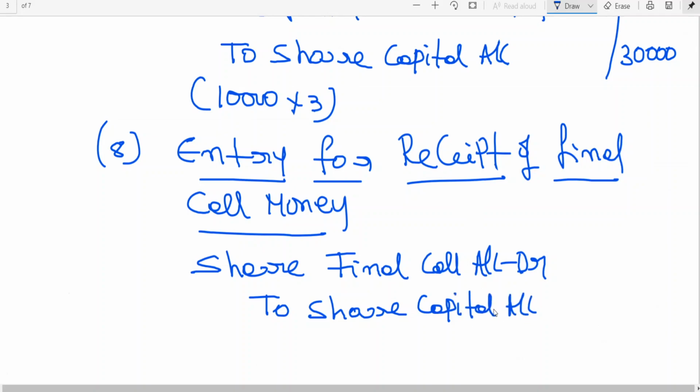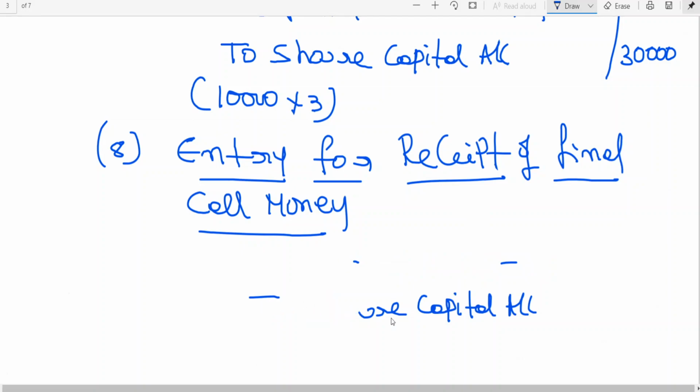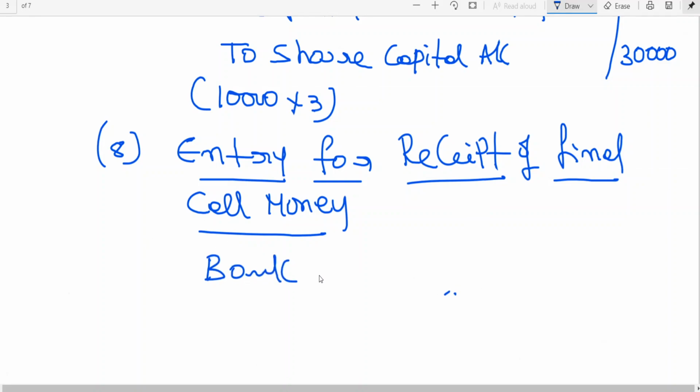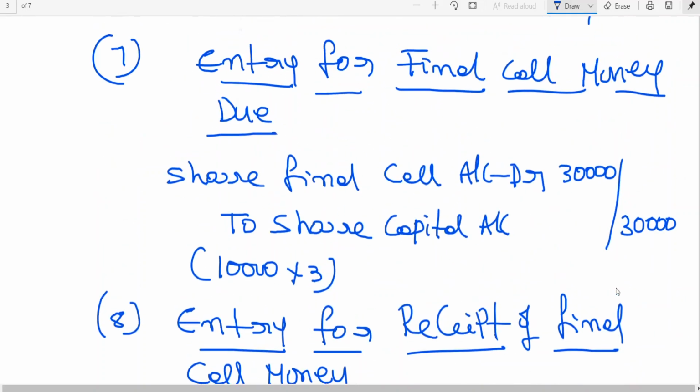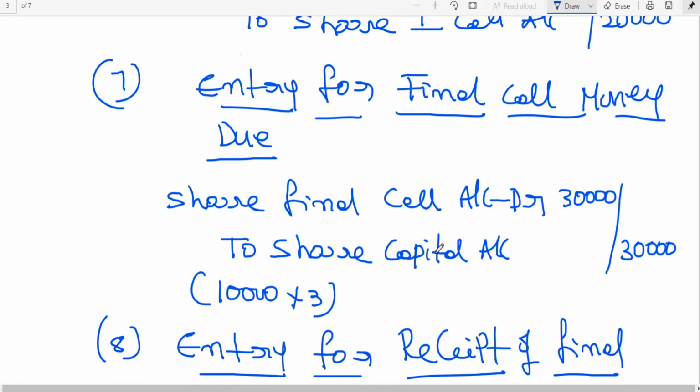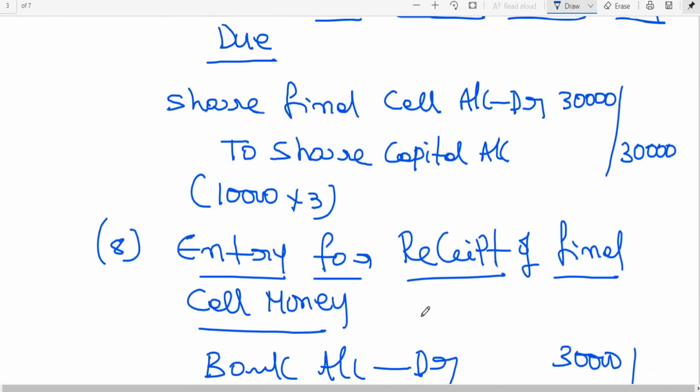Bank account debtor to share final call account. What is the amount? Tell me. 30,000 rupees. Entry for receipt of final call.